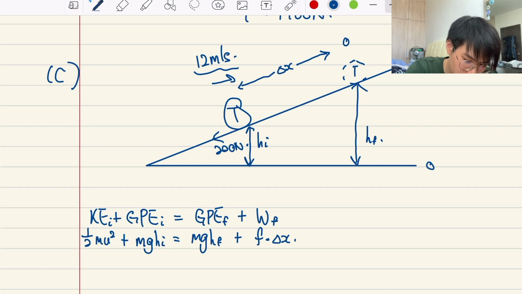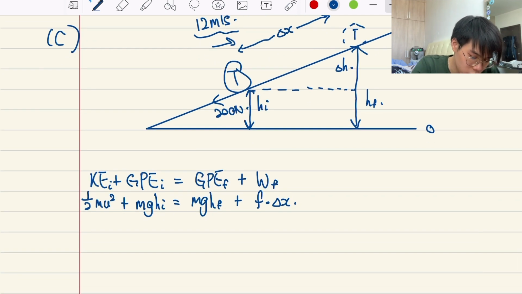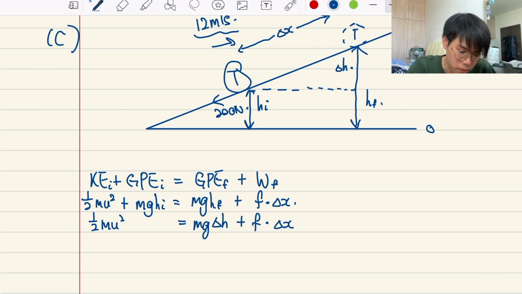Here we can find the difference in height, so we can simplify the equation more. The difference in height is h final minus h initial. So half mv squared equals mg times the difference in height, plus F times the distance moved.